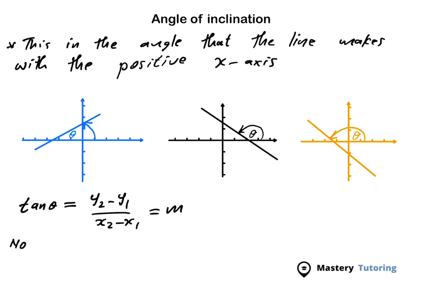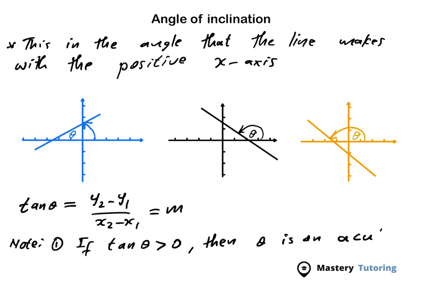Now there's something that you need to note from this. Number one is that if tan theta is greater than 0, then theta is an acute angle.